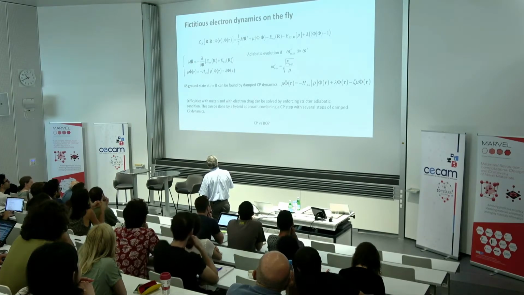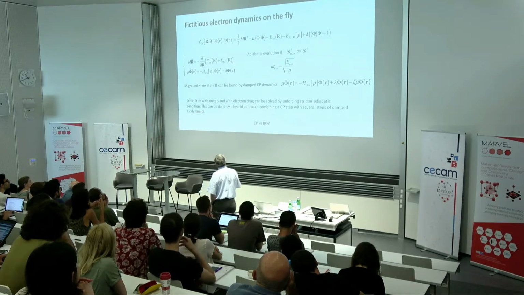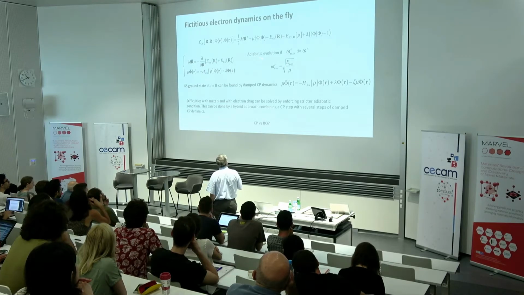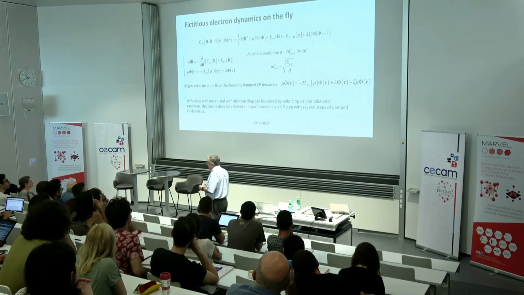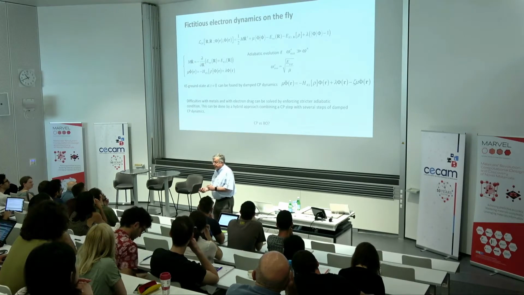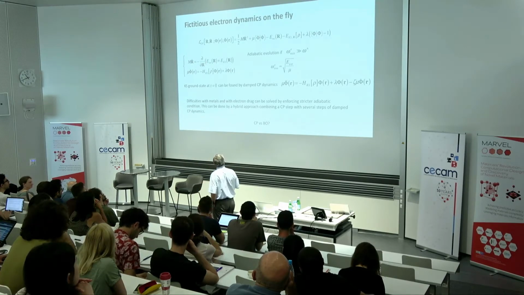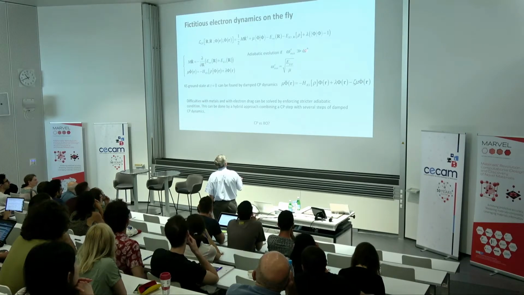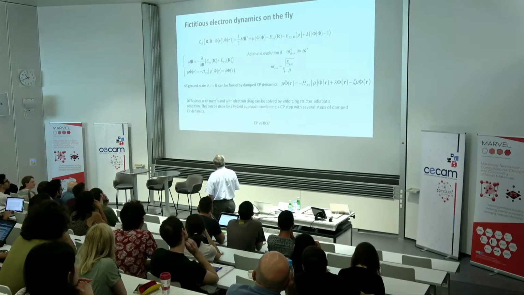From this Lagrangian, we can write down these equations, and the evolution will be adiabatic, namely the electrons will adjust to the instantaneous state of the ions if the electronic dynamics is much faster than the nuclear dynamics.